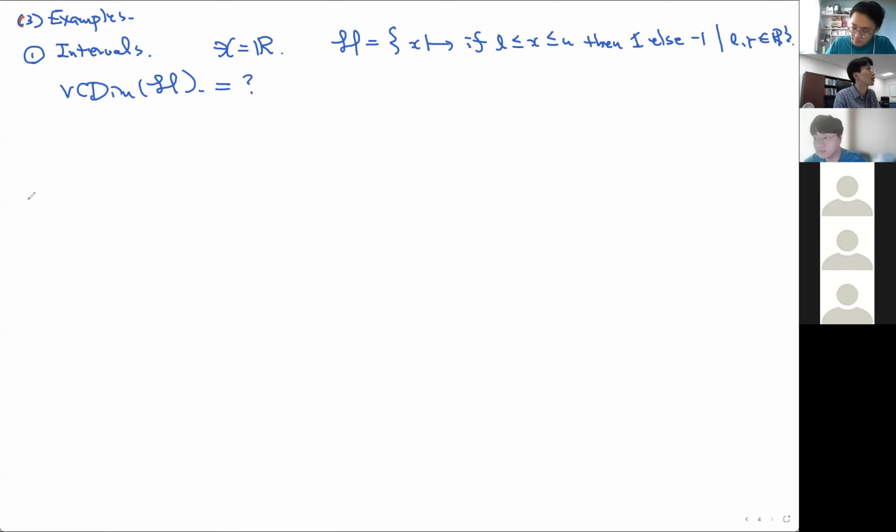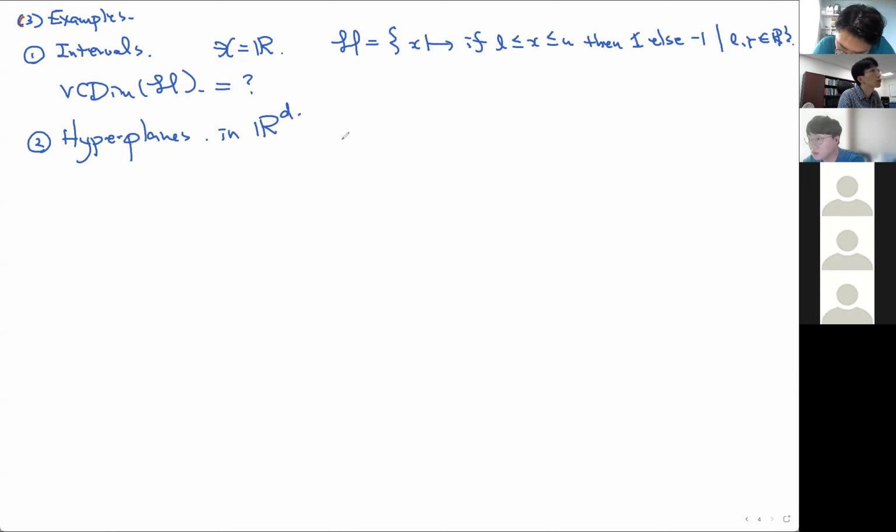The second one is the VC dimension of hyperplanes in R^d.